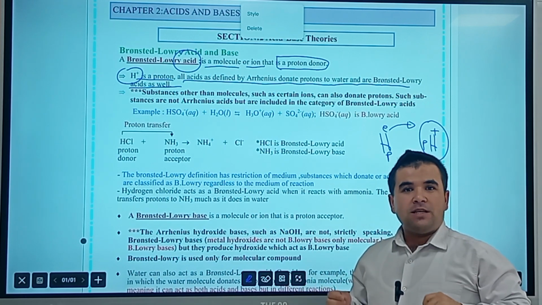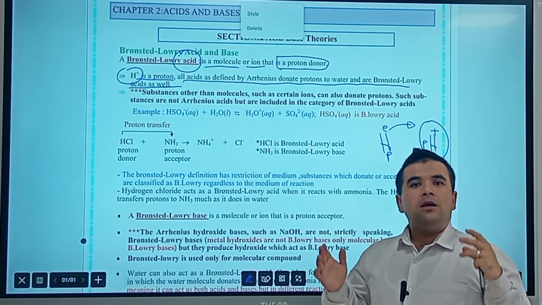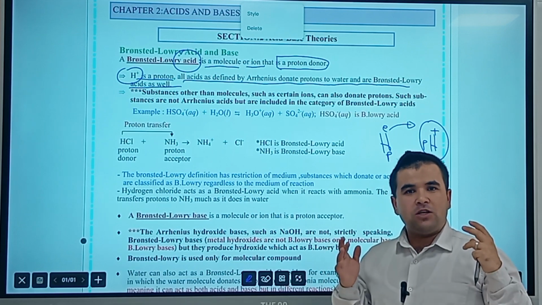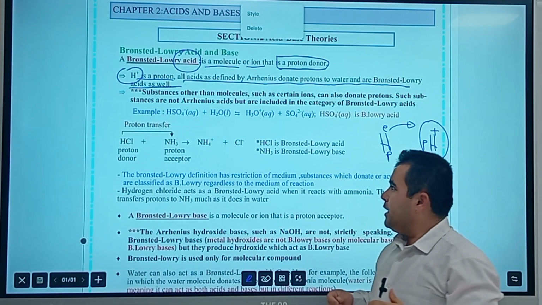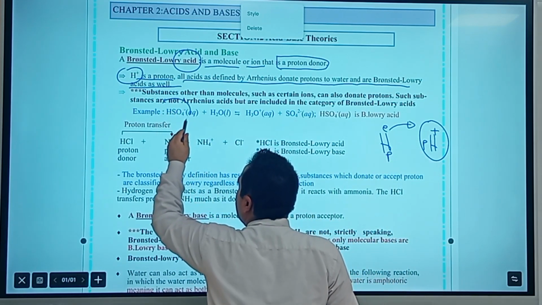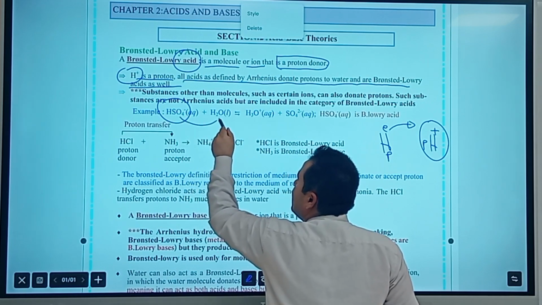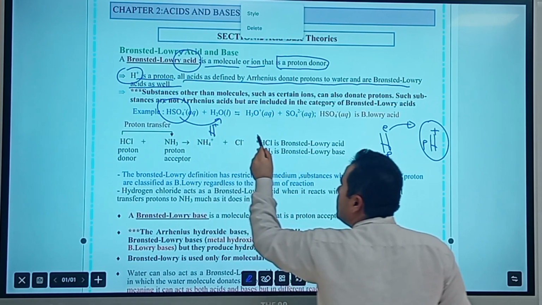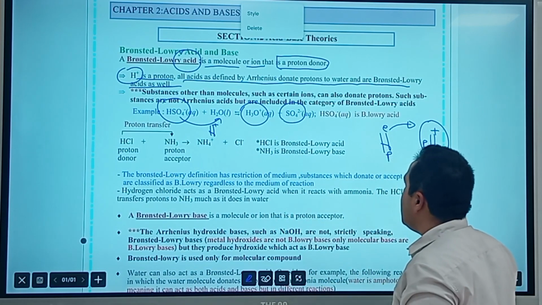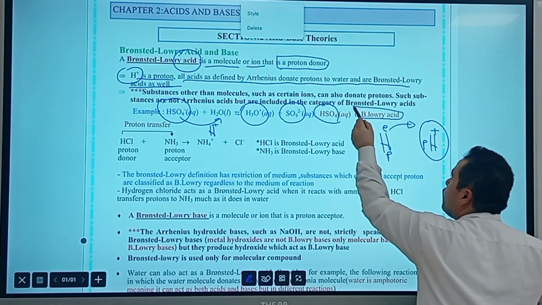But the reverse is not true, because we have some Bronsted-Lowry acids that donate protons but are not classified as what? As Arrhenius acids. For example, here we have an ion. The HSO4 negative is going to donate a proton to water and increase the hydronium, leaving the sulfate behind. Here, guys, the HSO4 negative is only a Bronsted-Lowry acid.